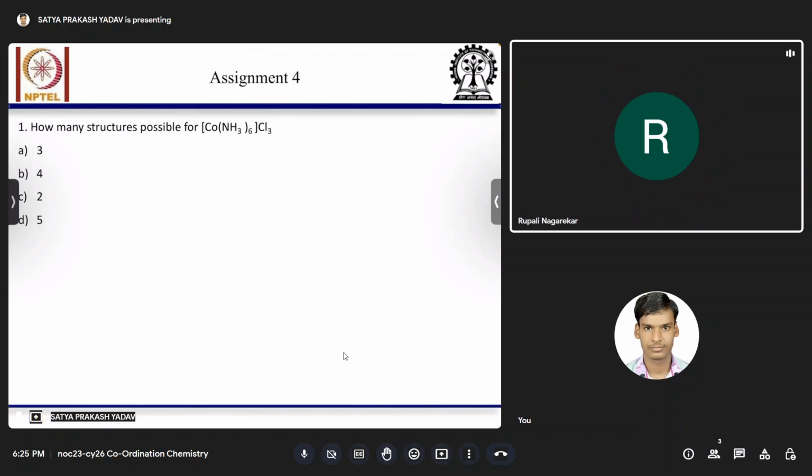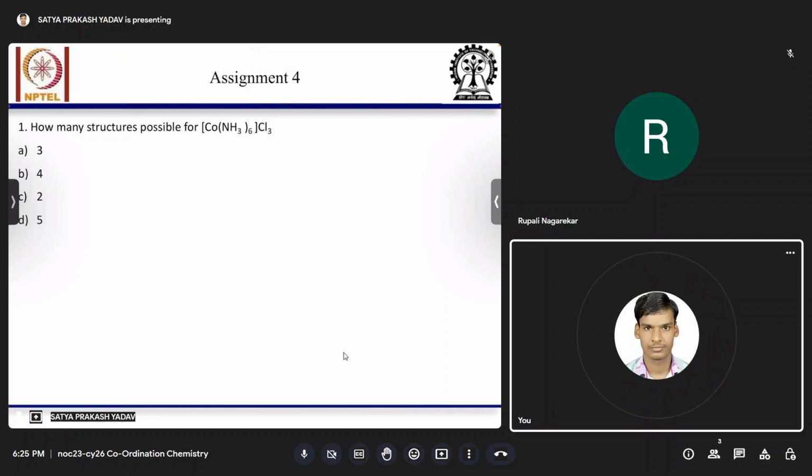Assignment 4, the identification of isomerism for cobalt hexaaqua. Okay. Anything else? After that, Cl2 something, Cl3.